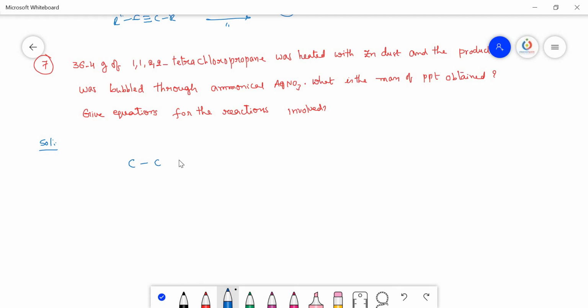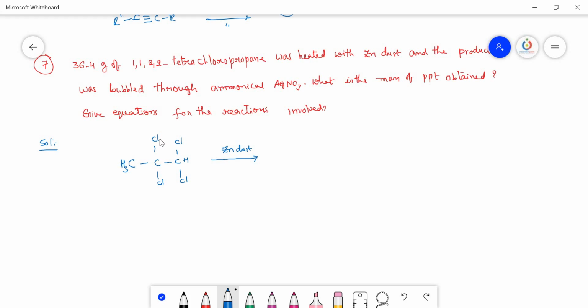There shall be 3 carbon atoms, in which the first carbon atom has 2 chlorine atoms, and the second carbon atom also has 2 chlorine atoms, and here no chlorine atom, so that's CH3, and here also we need to fulfill the balancing. This is called 1,1,2,2 tetrachloropropane. So this was heated with zinc dust.